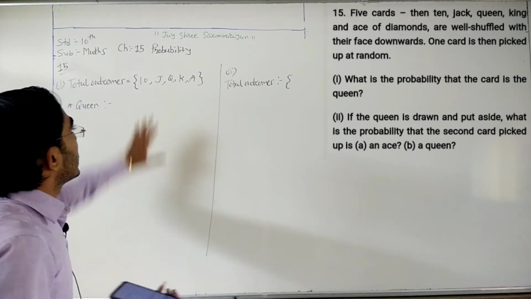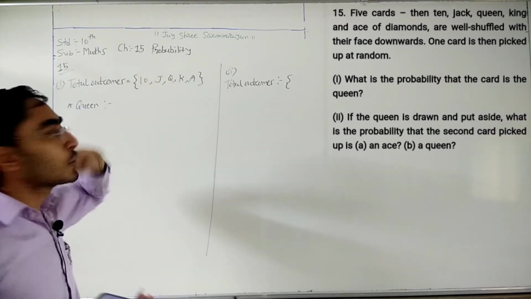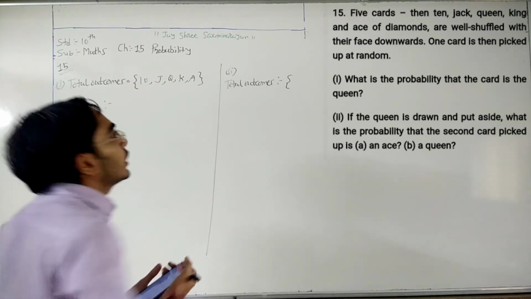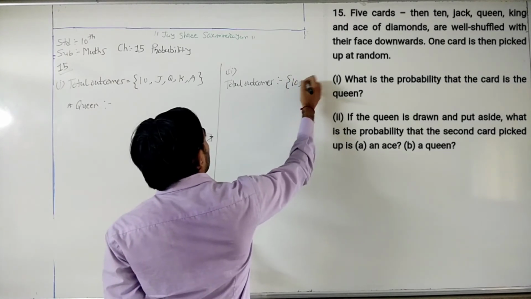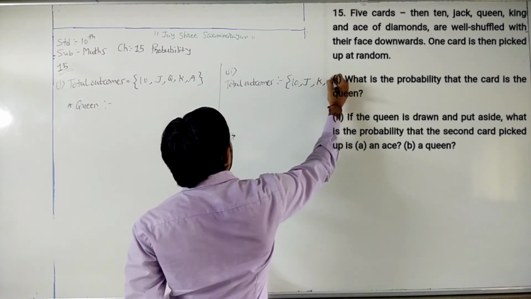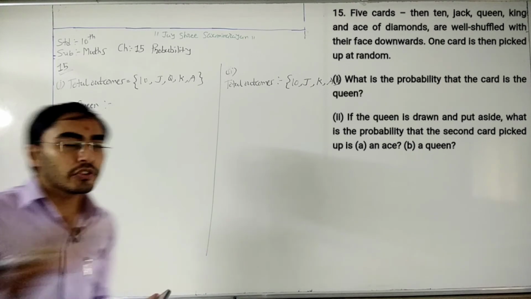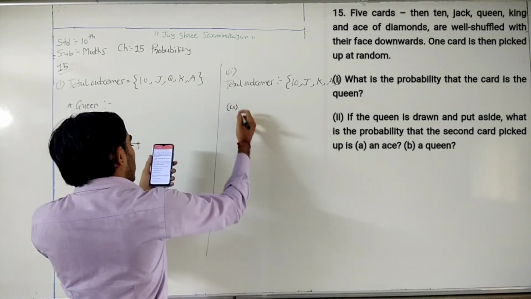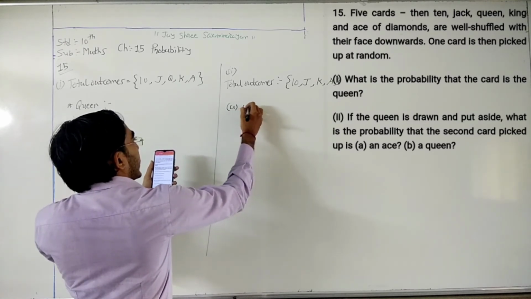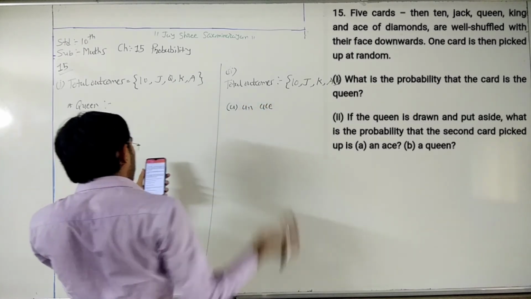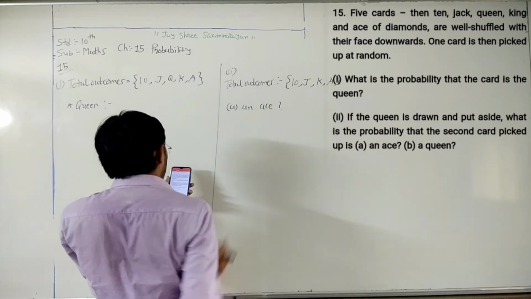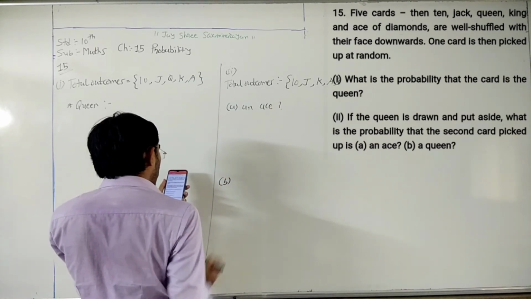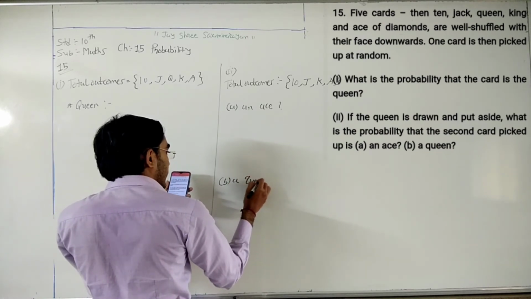In second question, if the queen is drawn, that means if we take the queen from here, so total how many cards are remaining? Only 4. It is 10, Jack, King, and Ace. Right? Because queen is already taken. So now, what is the probability for an ace? That means if you pick one card and it is ace, we need to find the probability for ace. And second question, we need to find the probability for a queen.